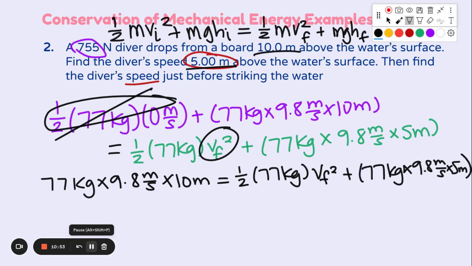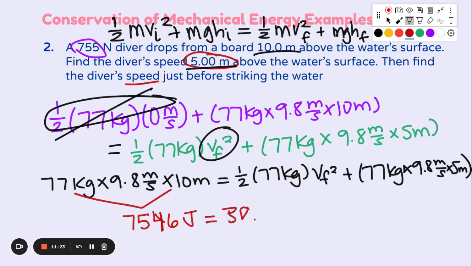All right, so being fully rearranged, and I do know these values here, so we know that this value here is equal to 7,546 joules, which is equal to 38.5 kilograms times your velocity final squared, plus this value here, which is 3,773 joules.